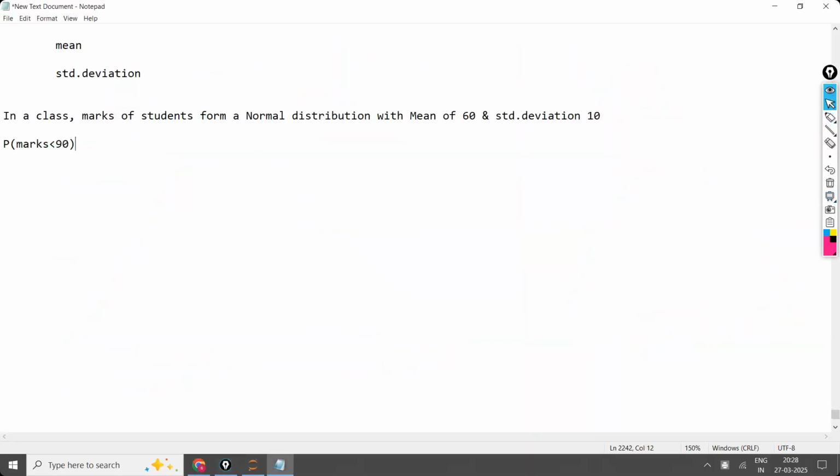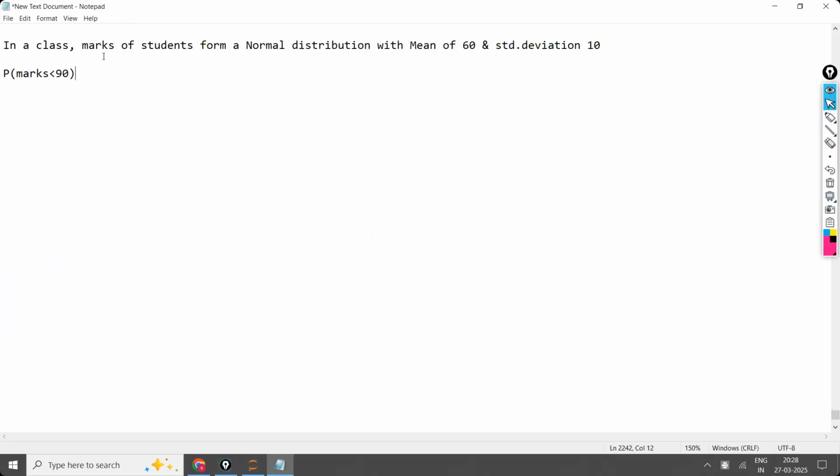Now how are we going to calculate? Everyone, please make a note of this. The marks of the students form a normal distribution with a mean of 60 and a standard deviation of 10. Now question number 1. What is the probability of marks less than 90? What is the probability of marks greater than 90? What is the probability of marks less than 80? What is the probability of marks greater than 80?